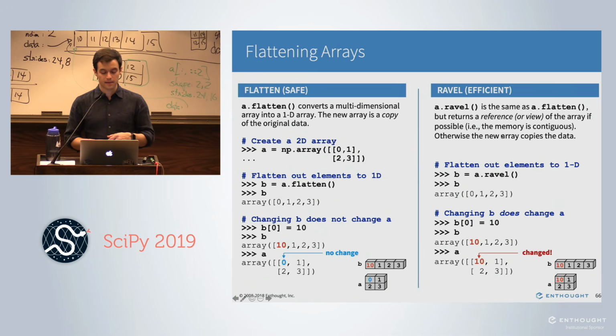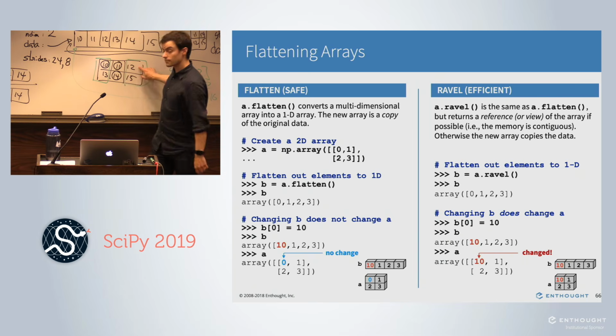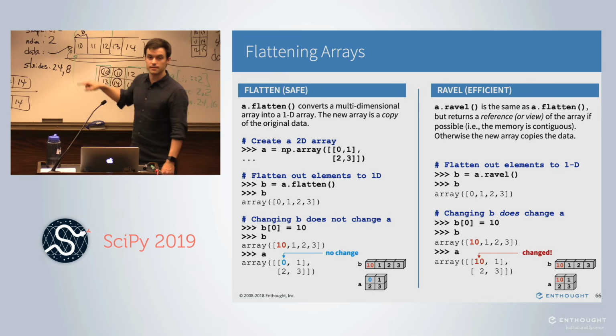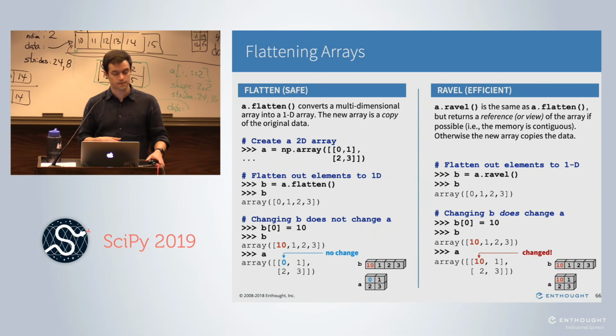And what we mean by possible is that all of the elements in the array are next to each other row-wise. So in some of the arrays that I've drawn here, my original array in the middle, down here, I could ravel it. Because 10 is next to 11, is next to 12, is next to 13, is next to 14, is next to 15.